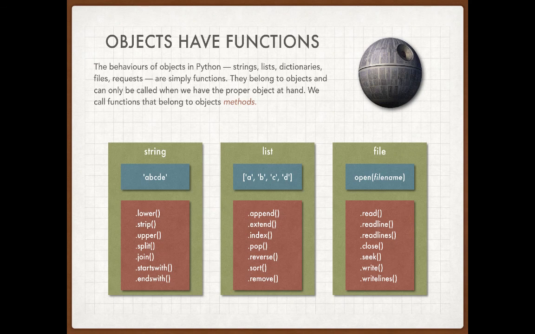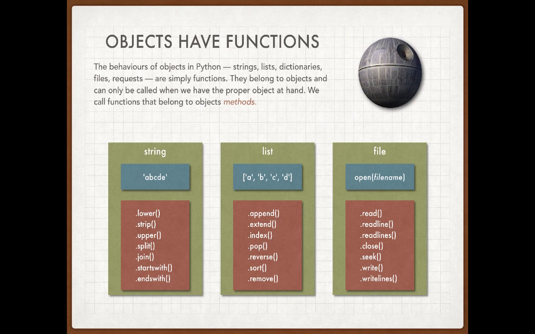Now, in an earlier lecture, we talked a lot about data structures in Python and how they were objects, and that meant that they had these two parts like the Death Star, right? They have things they know and things they do. Those things they do are just functions. That's it. But when those functions belong to an object, we call it a method.